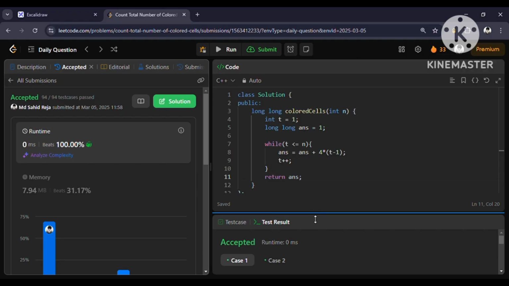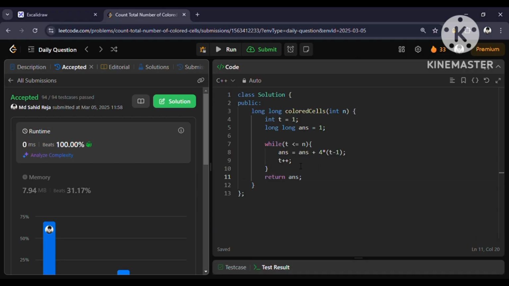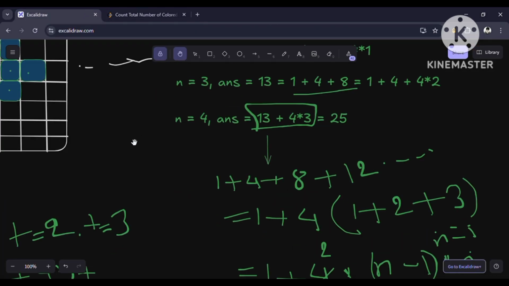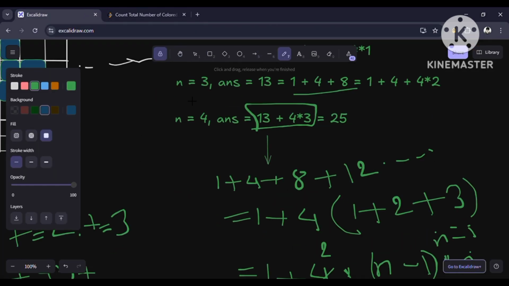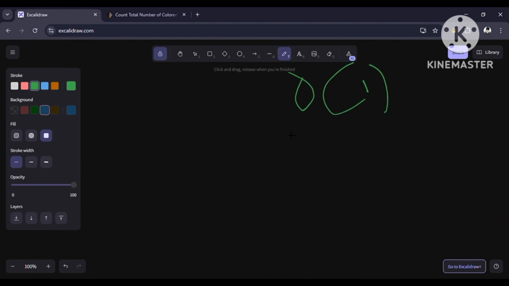I was using a while loop, where t starts from 1 and runs up until n. So here the time complexity was order of n, and here the time complexity is order of 1. So this is much better than the previous one.